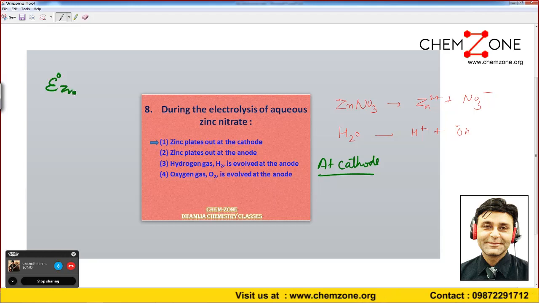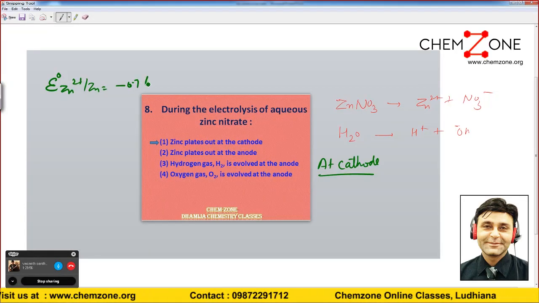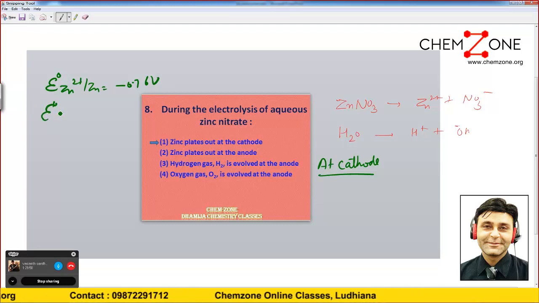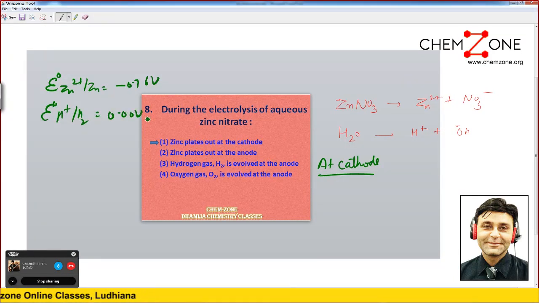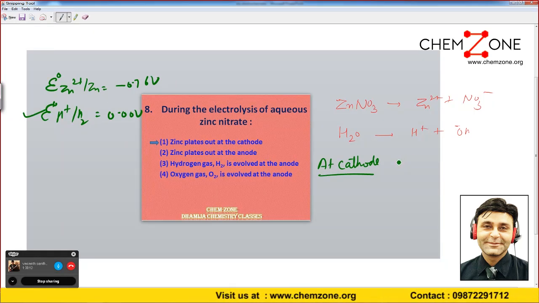Remember the zinc value is minus 0.76 volt, and that of hydrogen, which you have remembered already, is 0.00 volt. Can you tell me which will be reduced now? Zinc? No, hydrogen, because that is a higher potential.